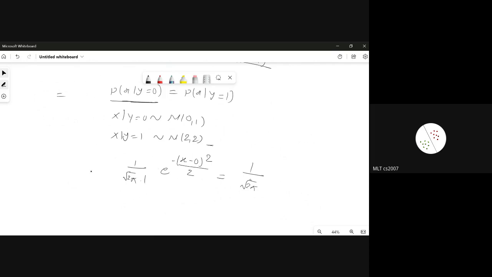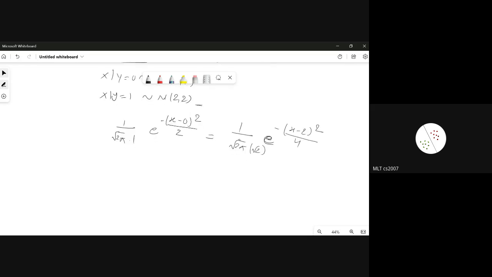Sigma square is 2, so it will become root over 2 pi sigma, right? Yes, because in the bracket what is given is sigma square. So the exponent is (x minus 2) whole square upon 2 sigma square, that is 4. If you solve this equation, the 2 pi cancels.